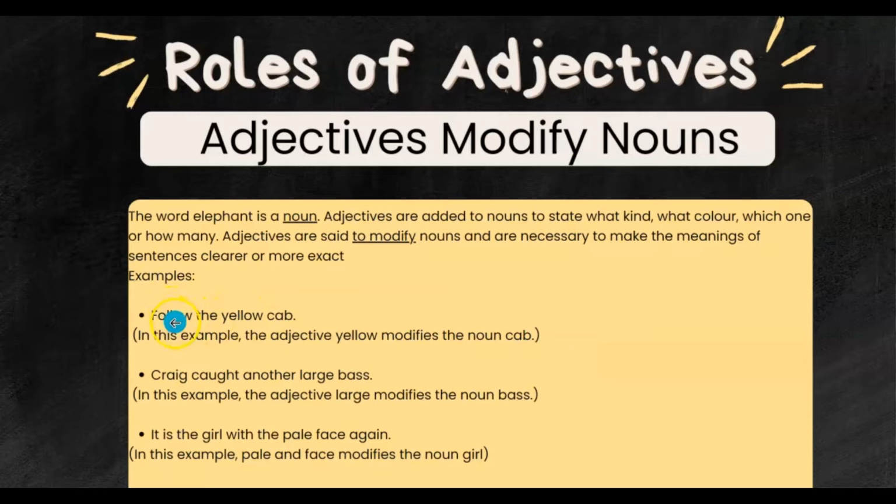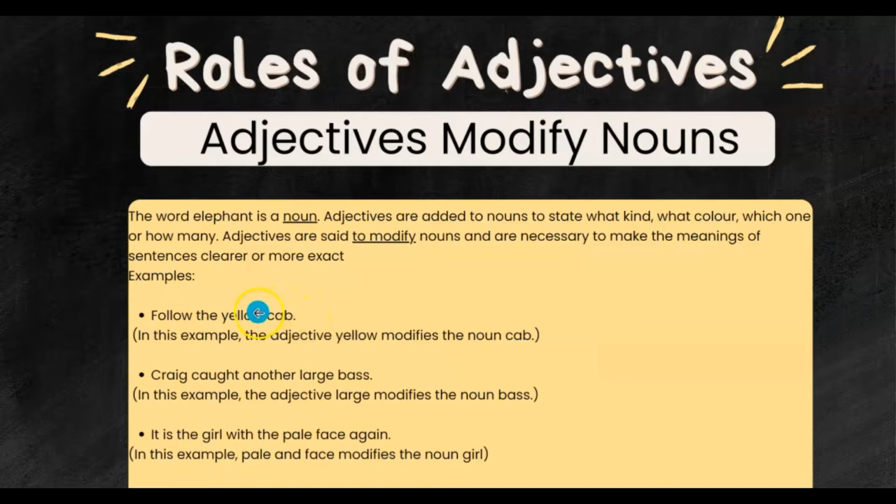Now, let's look at examples. Follow the yellow cab. Before you look at what's in the brackets, try to identify your noun first, because we know that adjectives modify or describe a noun. Our noun in this sentence is cab.